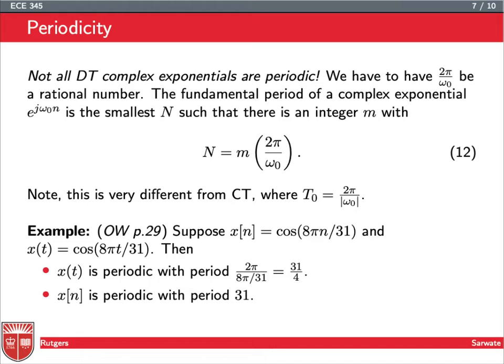We have a case where x[n] is cosine 8 pi n over 31 in discrete time, or 8 pi t over 31 in continuous time. Then the continuous one is periodic, and the discrete one is also periodic, but with a much bigger period, because you can't have the period be some kind of fraction here. It has to be an integer, so we're going to have 31 here.